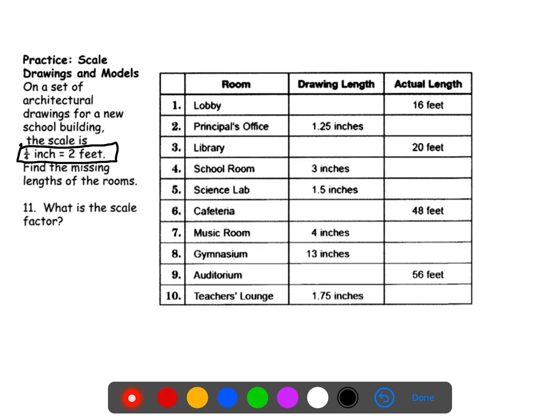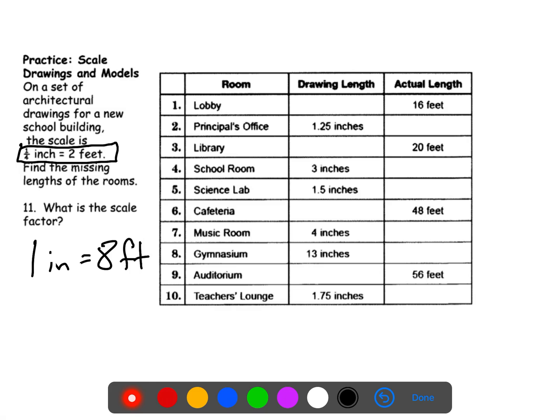So instead of knowing what 1/4 inch equals, we're going to find what 1 inch equals. If we're getting 4 times greater in our scale drawing, we need to get 4 times greater in the actual building. So instead of 2 feet, 1 inch is going to be equivalent to 8 feet, and that would be our scale factor.